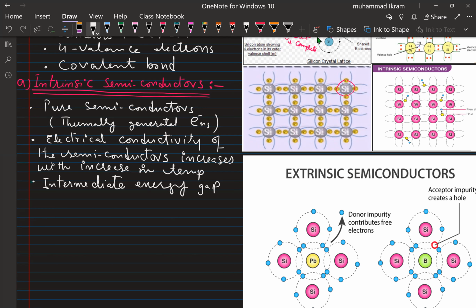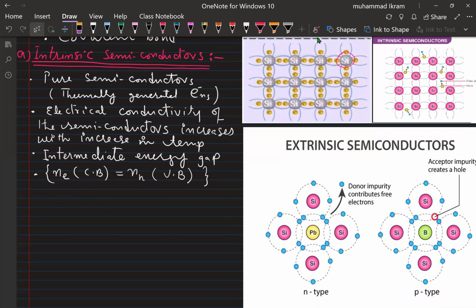Another important point: the number of electrons in the conduction band is the same as the number of holes in the valence band. That is one of the important points about the intrinsic semiconductor.